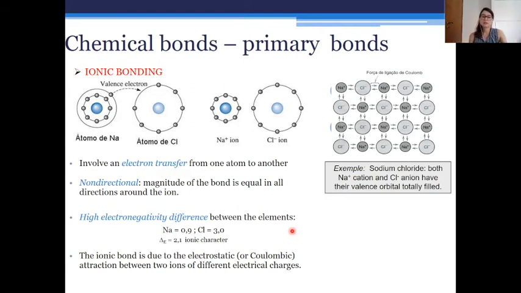The ionic bond is due to electrostatic attraction, or Coulombic attraction, between two ions of different electrical charge, one a cation and one an anion, so they are attracted by Coulombic force.